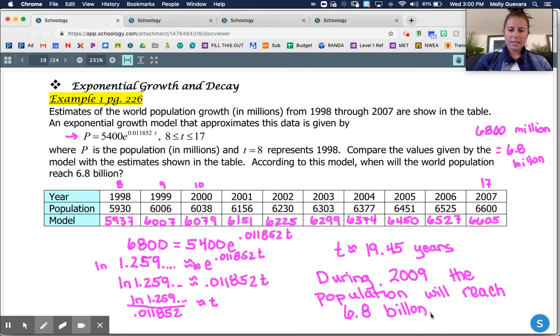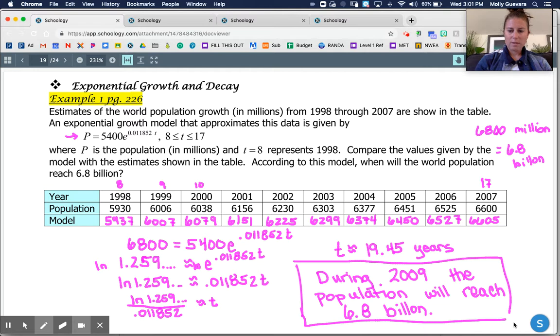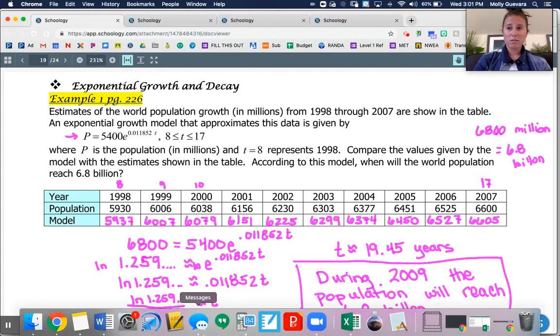There it is. That's it. 2009. So hopefully we feel good about that. Yeah, fun stuff. Woohoo. We're just going to do example 2 and 3 as well, and then we'll be done.